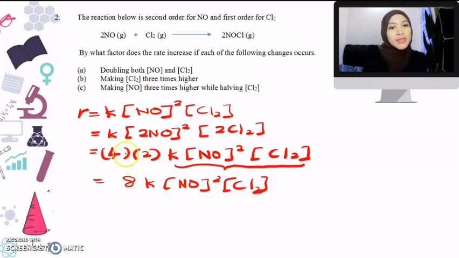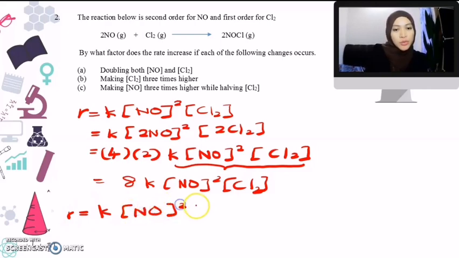Okay, let's try to answer for B, making Cl2 3 times higher. Still, we have to refer to our rate law. So 3 times higher means we keep the concentration of NO constant, but we increase the Cl2 3 times. So Cl2 becomes 3 Cl2. For this calculation, 3 to the power of 1 is 3.